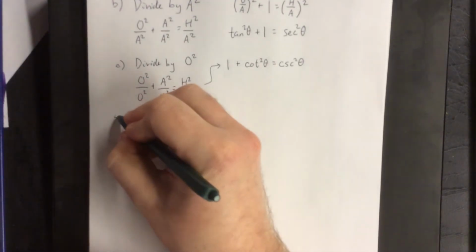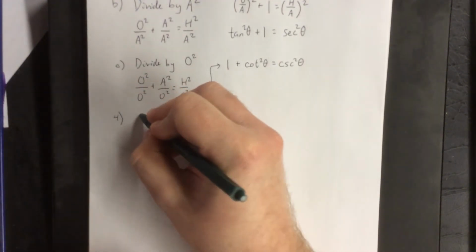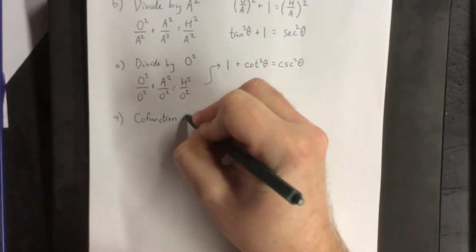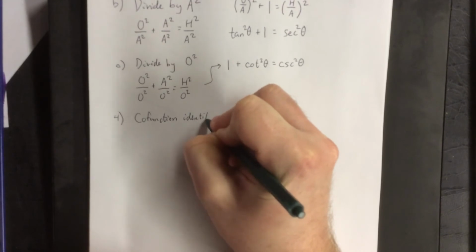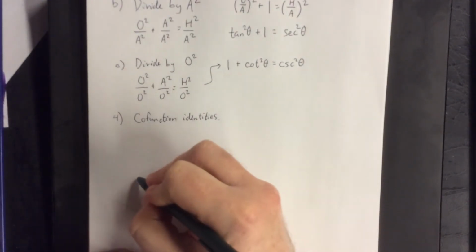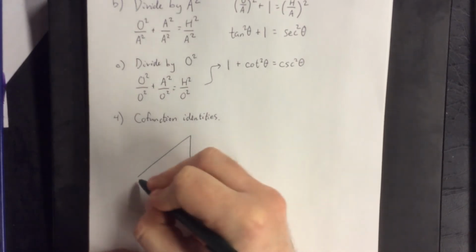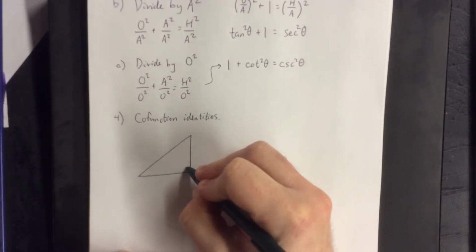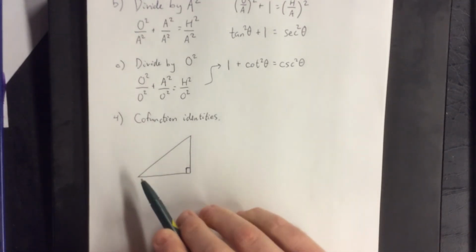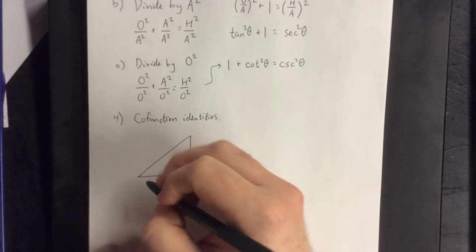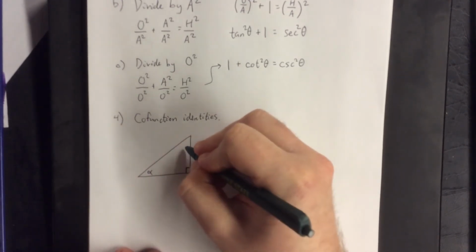Finally, the 4th type of identity is referred to as the cofunction identities. For the cofunction identities, I'm going to introduce some terms for you. Given a right triangle, the 2 other angles contained within your right triangle are referred to as complementary angles.